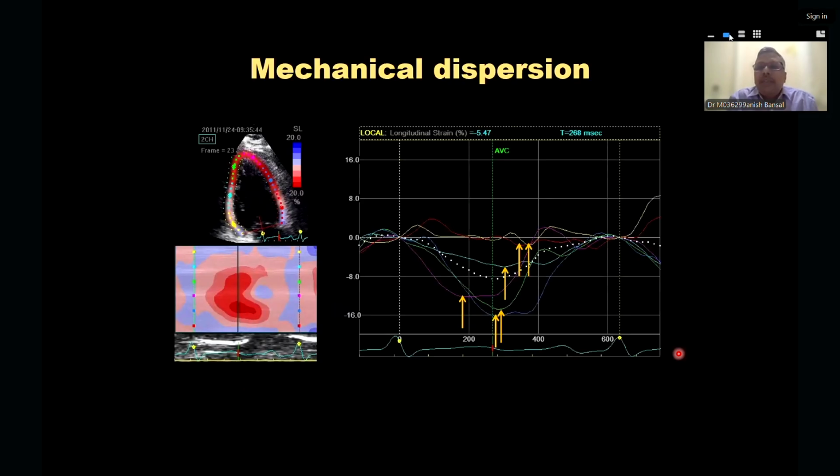Then another application in LV dysfunction could be in prediction of sudden cardiac death and the need for ICD. We know electrical heterogeneity is a very important risk factor for ventricular tachyarrhythmias, but strain studies have shown that even mechanical heterogeneity or mechanical dispersion can also be a predictor. So here what we do is we look at different peaks of strain of all these segments, measure the time to these peaks and take the standard deviation.